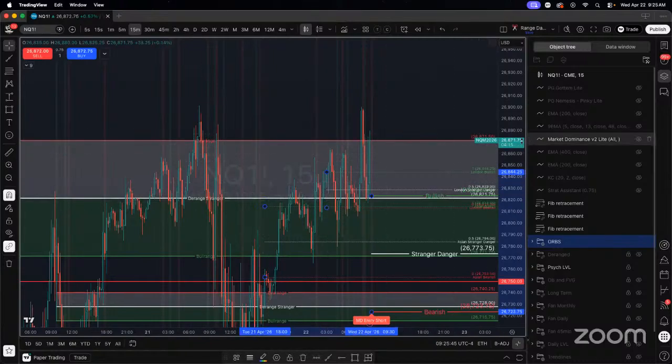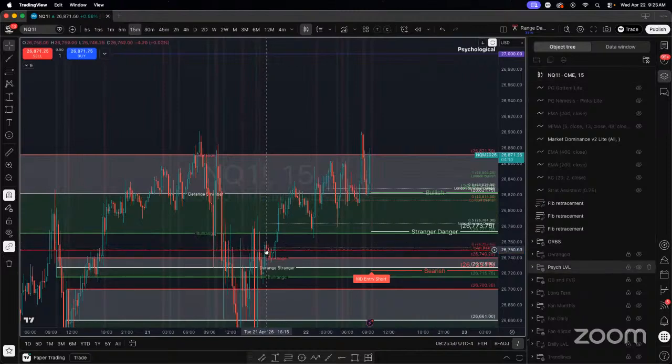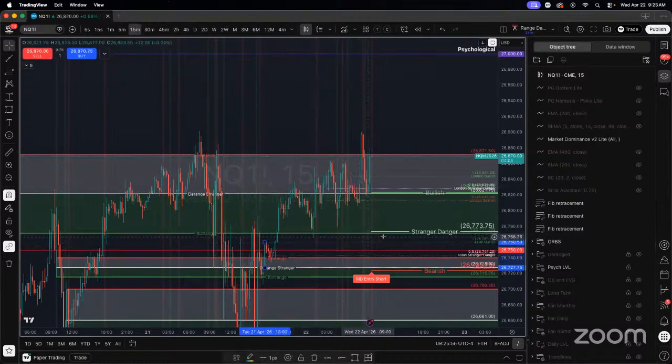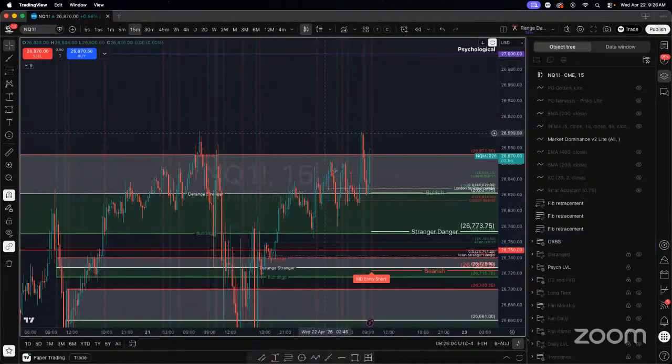All right. So for the Asian session, that will be this level here and this level here. For the London session, it's right there at 3 o'clock. That's there and here.